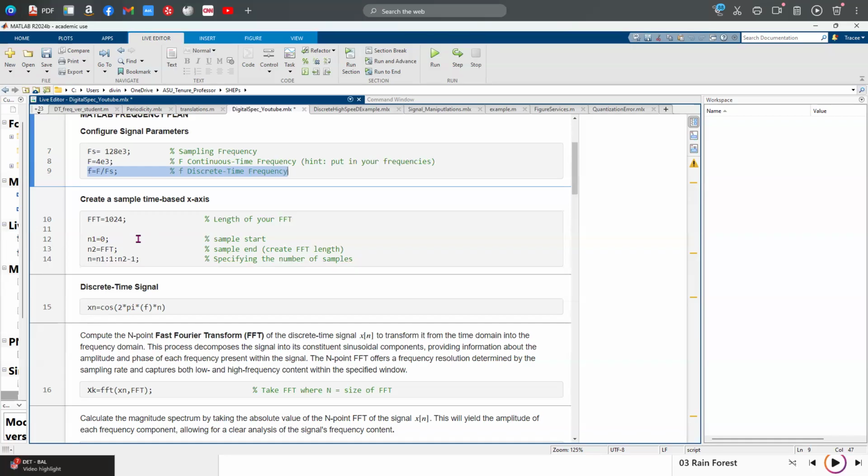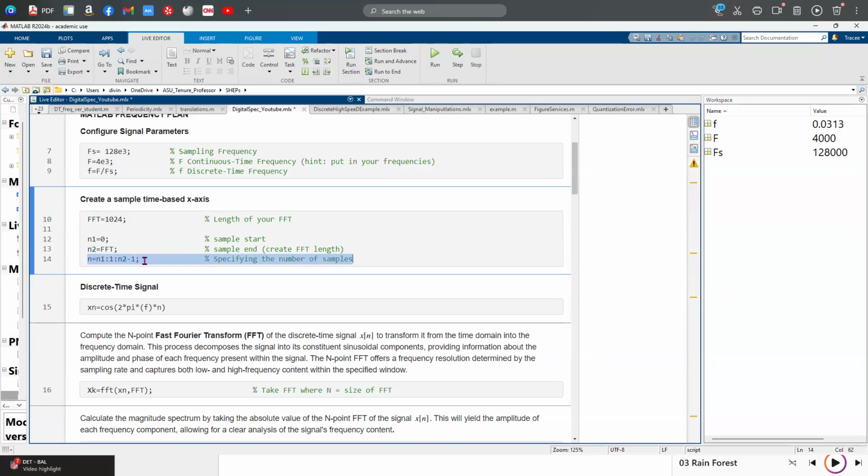In this section, this parameter FFT, which is called the fast Fourier transform, is defined here as being 1024 in length. We will use this later to find the frequency components of our discrete sinusoid. The FFT length affects both the frequency resolution and the time index range of the signal.